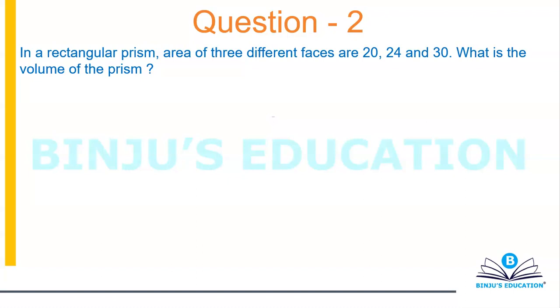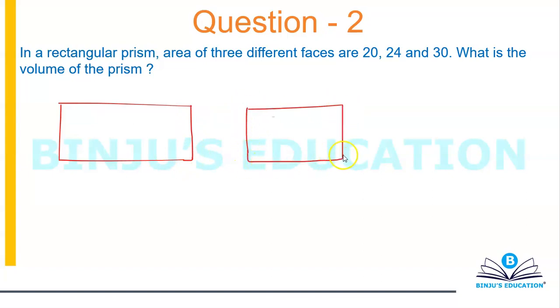The areas of 3 different faces are 20, 24 and 30. In a cuboid we have 3 different types of faces. Let's say this is my face number 1, this is my face number 2, and this is my face number 3.